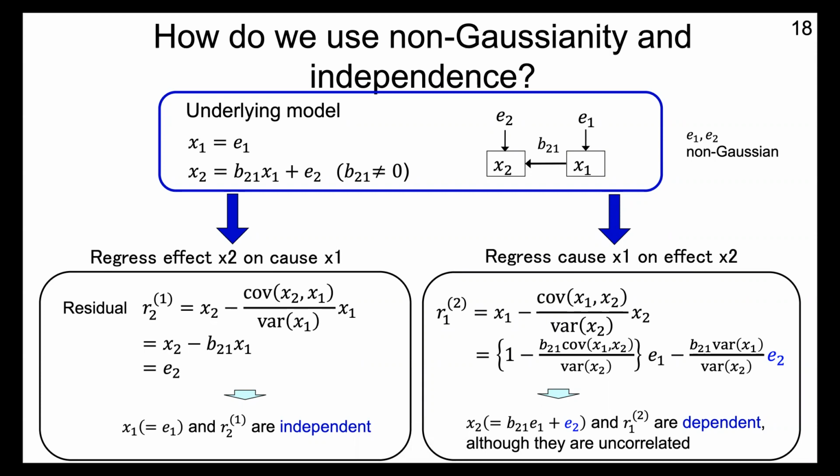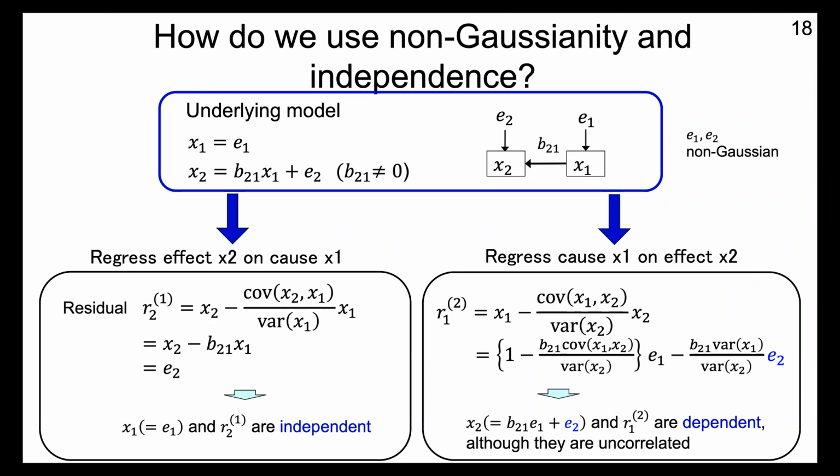So the explanatory variable and the residual will be uncorrelated and independent for both directions.